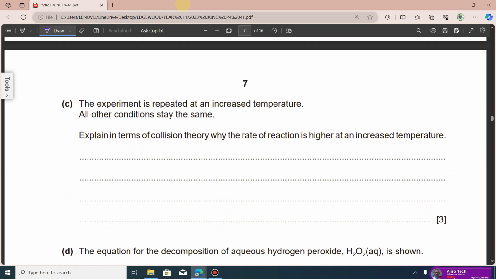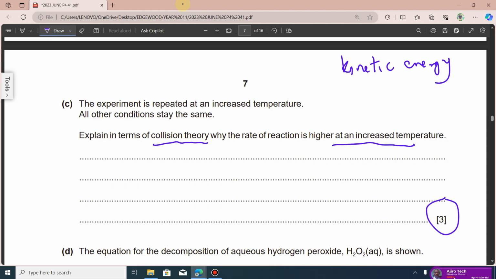The experiment is repeated at an increased temperature. All other conditions stay the same. Explain in terms of collision theory why the rate of reaction is higher at an increased temperature. Please take note of this. In terms of collision theory, what you need to look at is, number one, the kinetic energy. You have to talk about the kinetic energy because you're looking at 3 marks here.